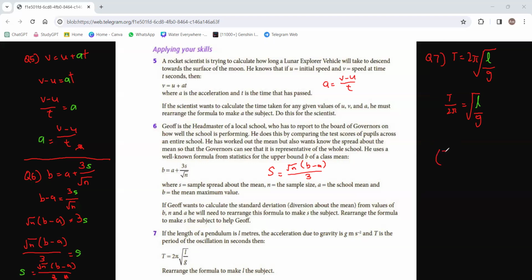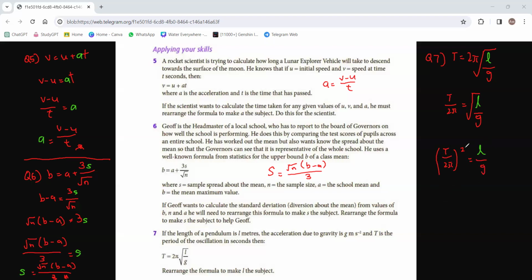So bracket t over 2 pi, bracket square equals, now we have gotten rid of the square root, so we will get just L over g.